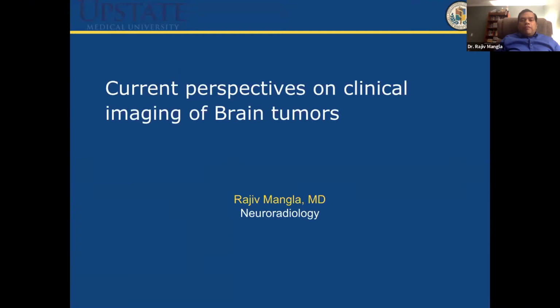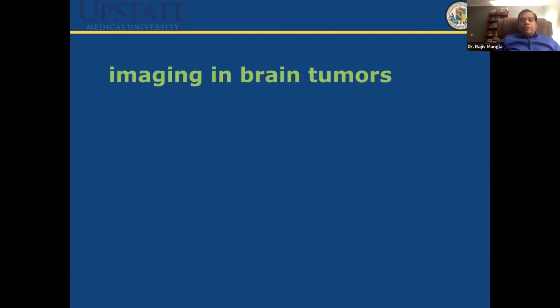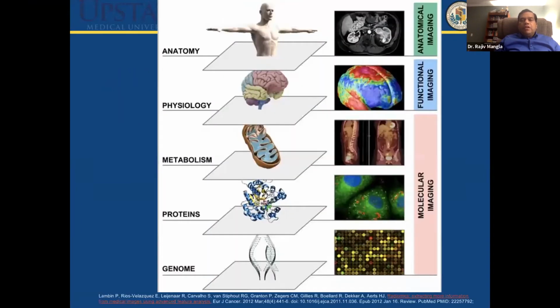So I will cover imaging in brain tumors. As you know, this is a very good chart showing how we as imagers, we as radiologists, mostly do this type of imaging: anatomical imaging, CT scan, MRI.